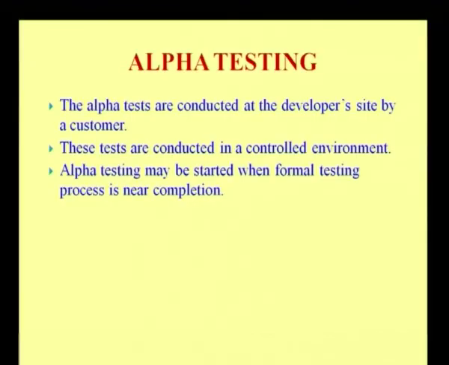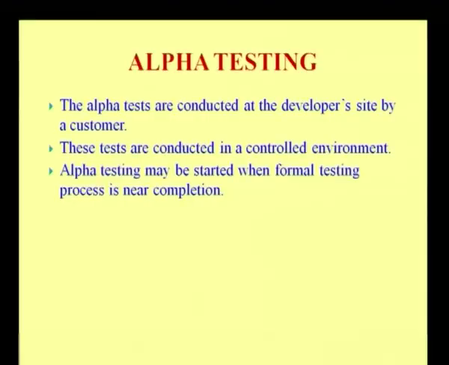Having mentioned these constraints, if the customer is able to test, then it is called alpha testing, and that too specifically if the customer turns up at the developer site and both the customer and the developer sit together and test it. Alpha testing may be started when the formal testing process is near completion.